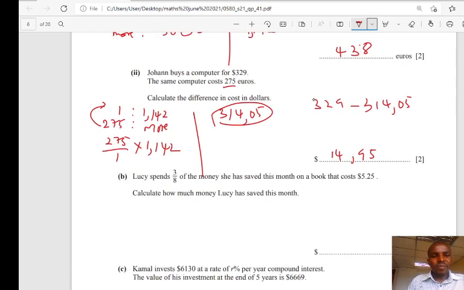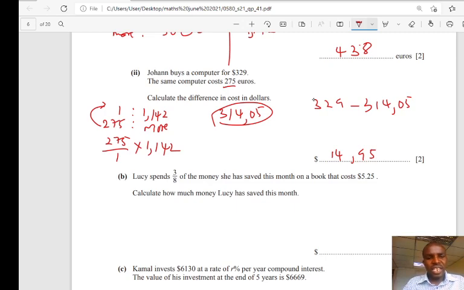Next question. Lucy spends 3/8 of the money she has saved this month on a book that costs $5.25. Calculate how much money Lucy has saved this month.